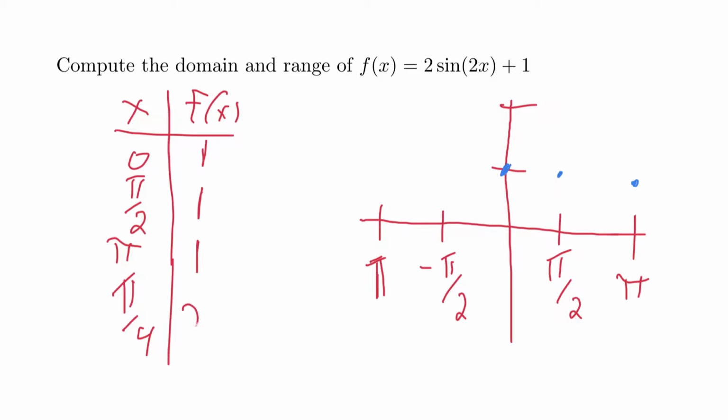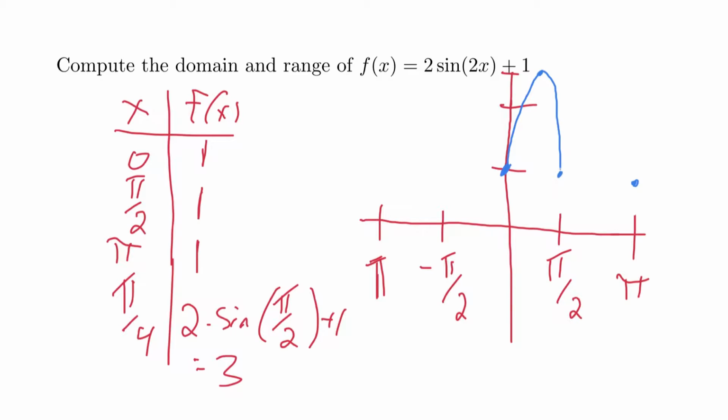So at pi over 4, I have 2 times sine of pi over 2 plus 1, which is equal to 3. So it looks like the picture is going to be something like this.